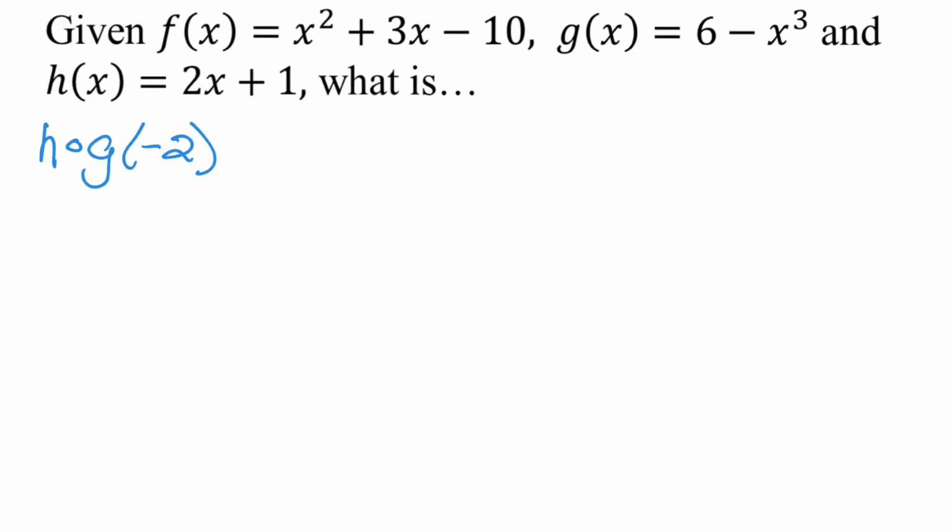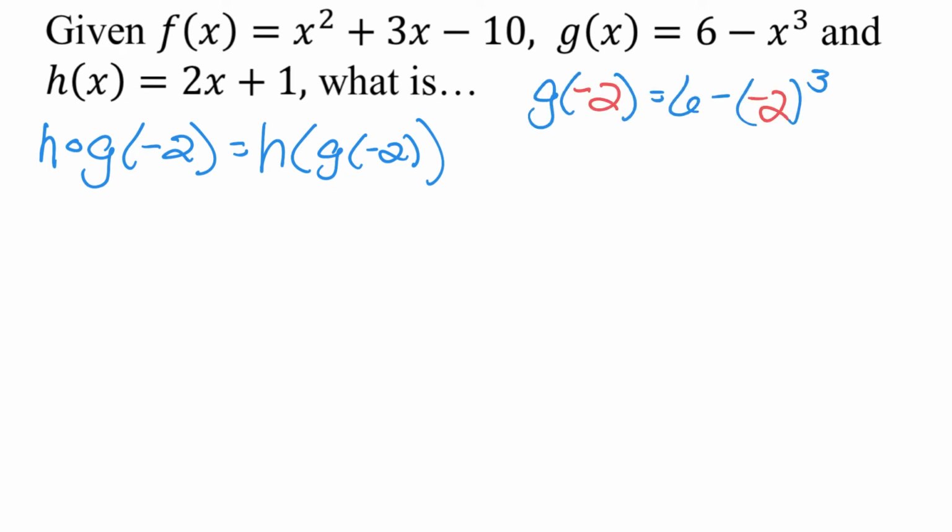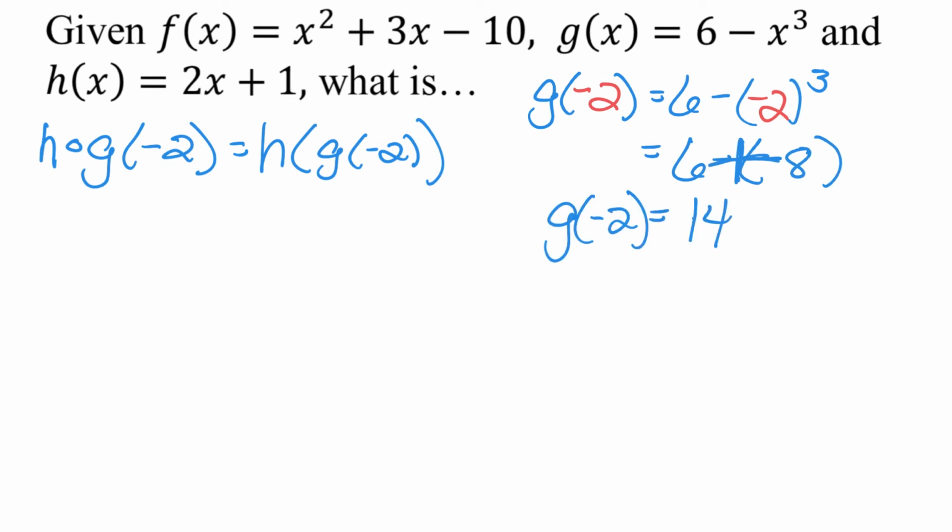Next, we're going to look at h composed g of -2. So we would rewrite this as h of g of -2. So this is our input. So we need to find out what is g of -2. So g of -2 equals 14.